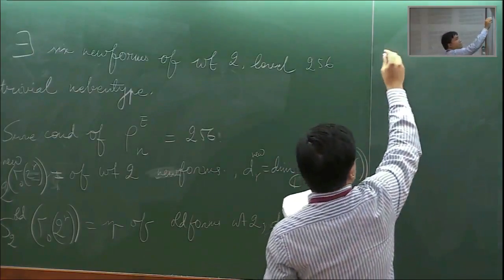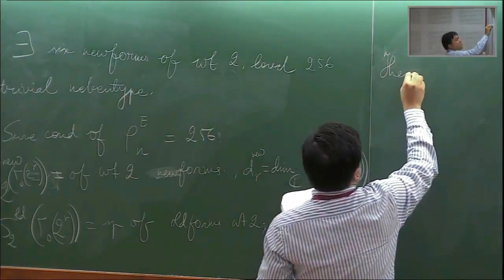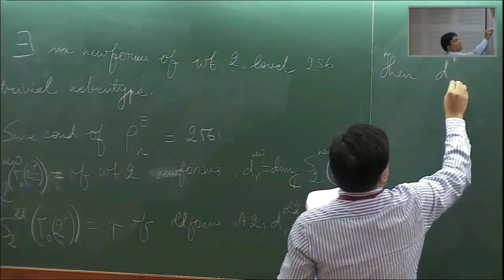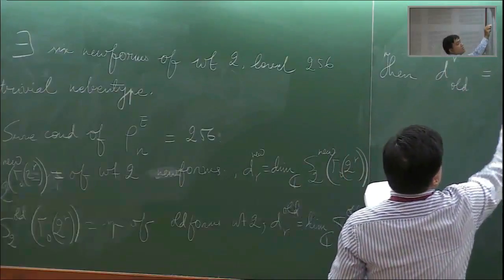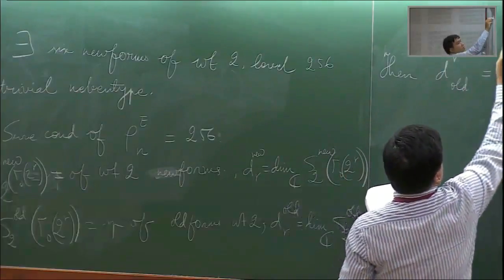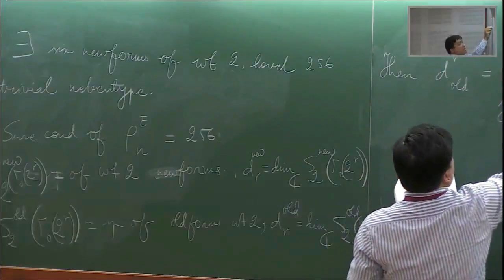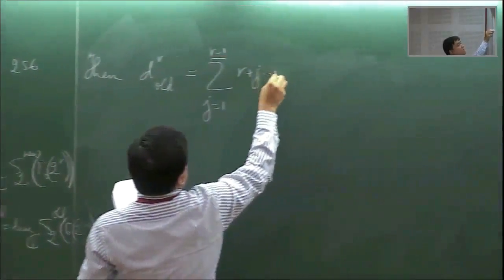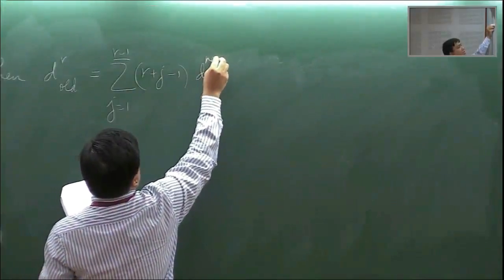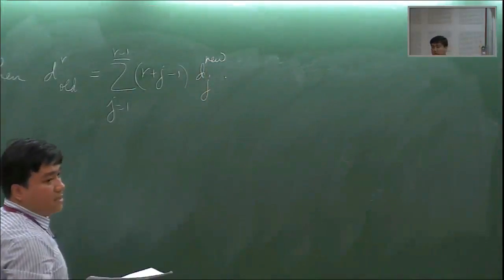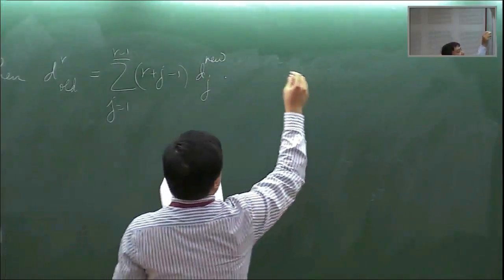Then d_r old equals summation j equals 1 to r minus 1 of (r plus j minus 1) d_j new. Okay, so this is done in Miyake, Miyake's book.